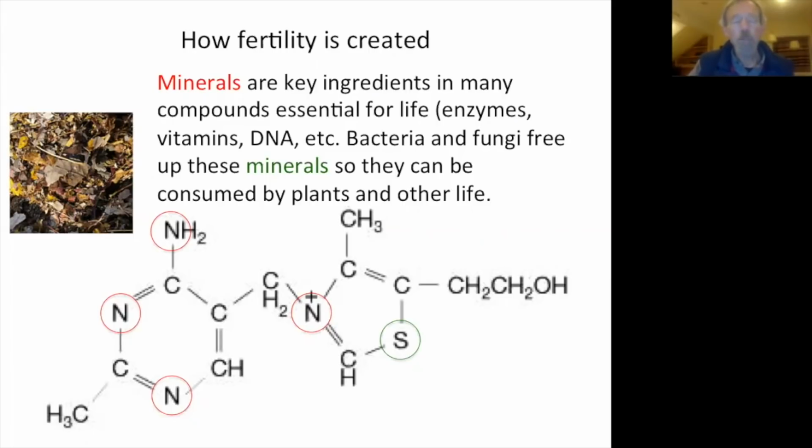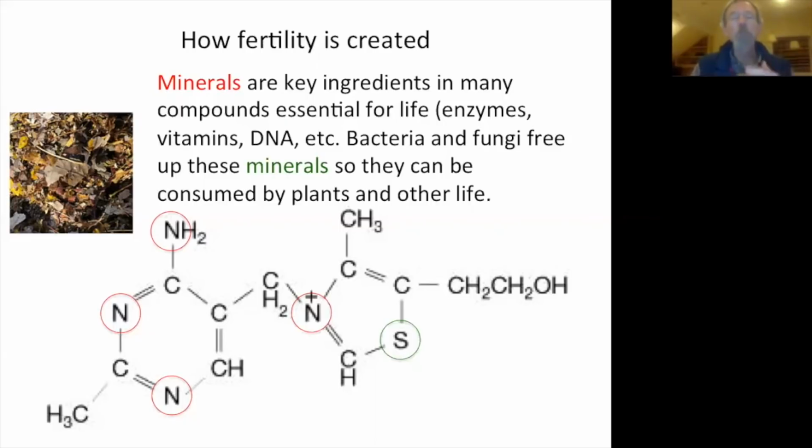So that's why we want to have a good level of organic matter in our soil, because it allows all these other organisms to grow that will help break down that organic matter and deliver it around. So that's how fertility is created. Fertility is about flow. It's not about just storing stuff in the soil. It's about a constant delivery of stuff to the soil. Leaf litter, and erosion from the bedrock coming up.